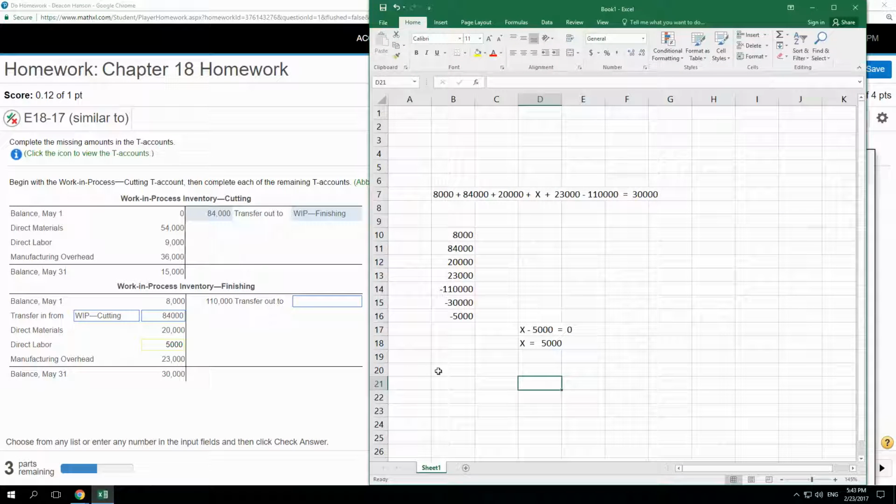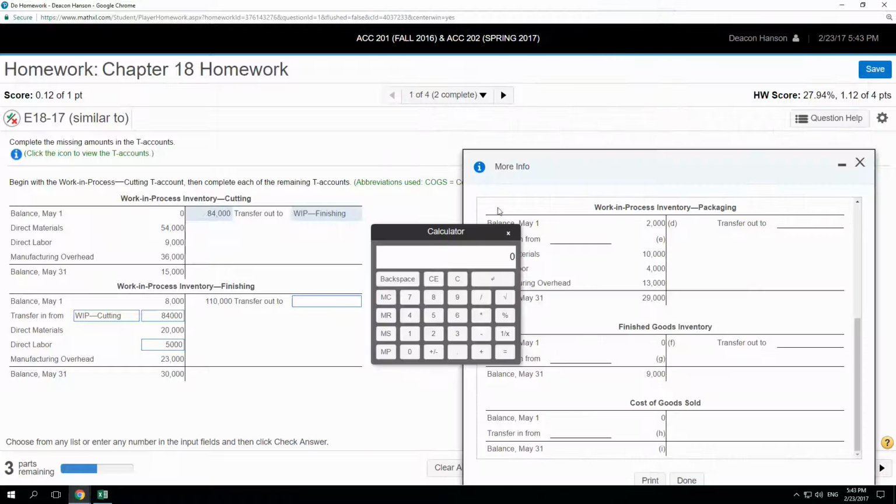We solved for x. We'll put the 5,000 in there. Then all we really do is just work it forward. So I'll go 8,000 plus 84,000 plus 20,000 plus 5,000 plus 23,000, and then minus the 110,000. And it looks like it's going to come out to 30,000.